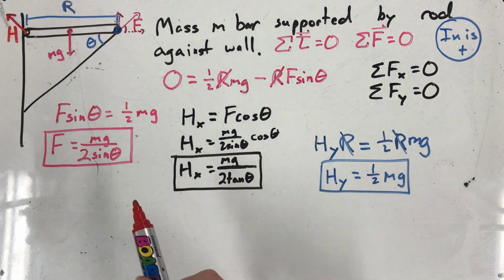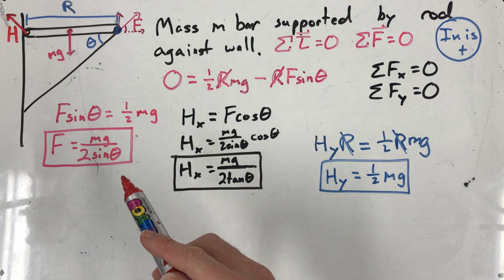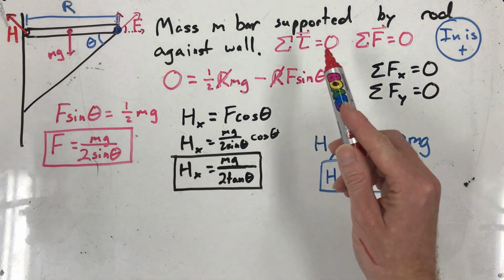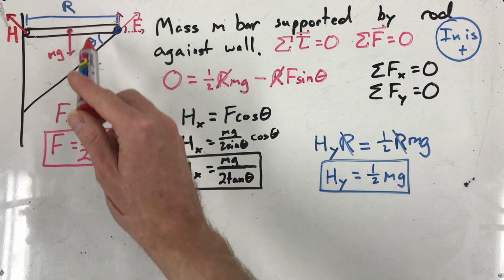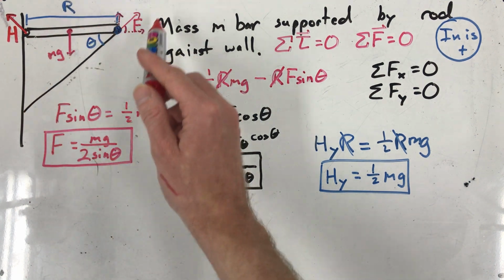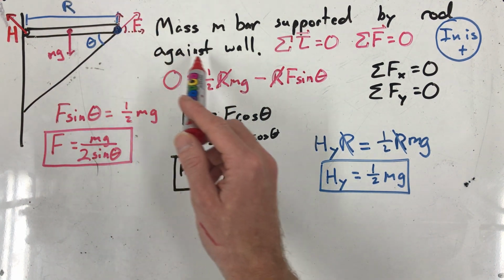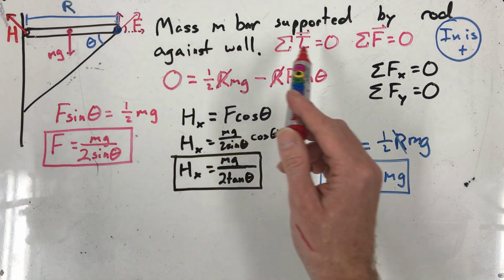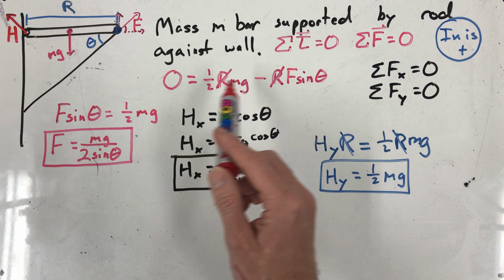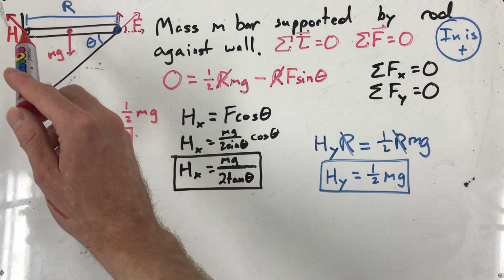So we actually set up 3 different equations here. The first one, we called this our axis of rotation, and we looked at the torque caused by this force and saw that they had to add up to 0. That's what happened right here. So this came from looking at the net torque equals 0 and choosing this as our axis of rotation.